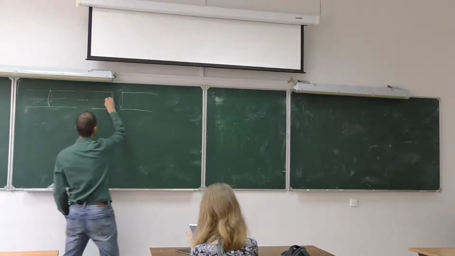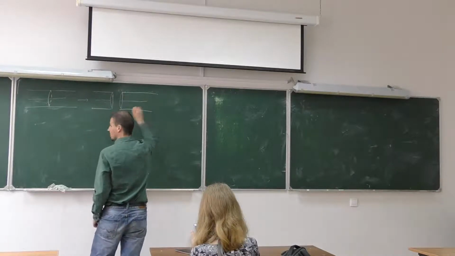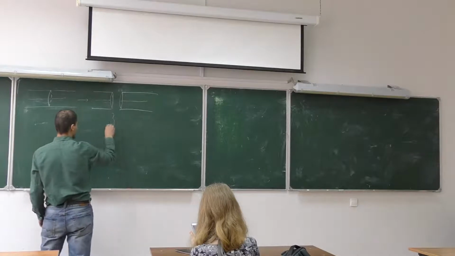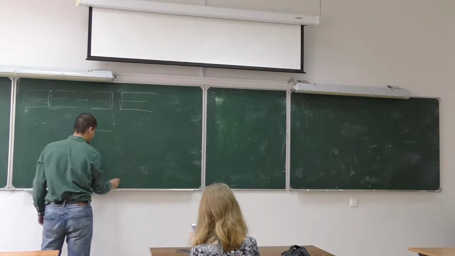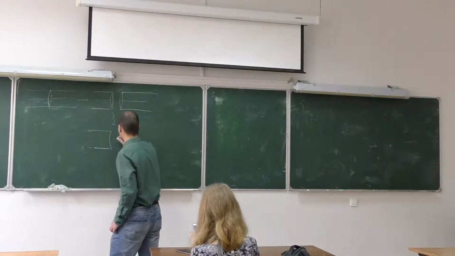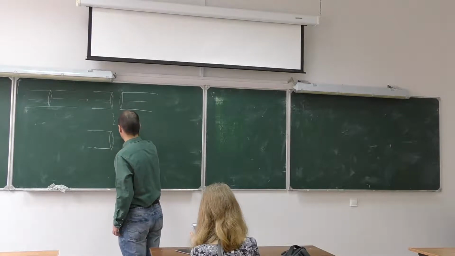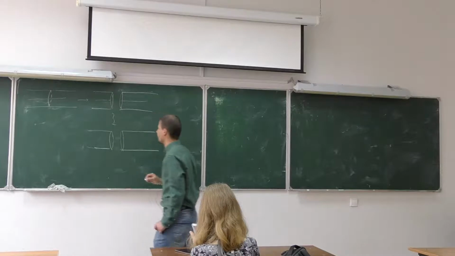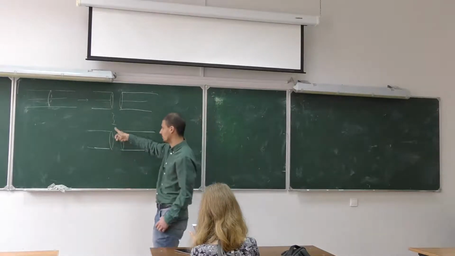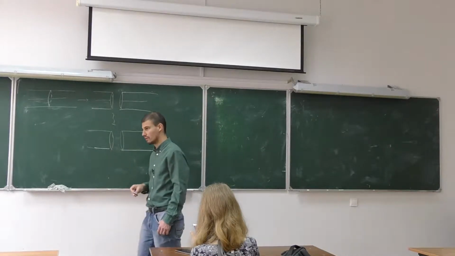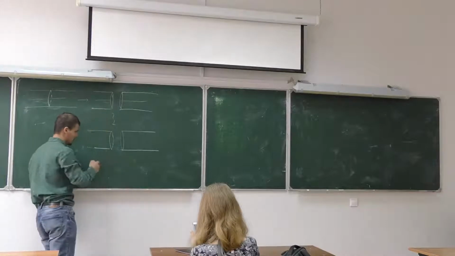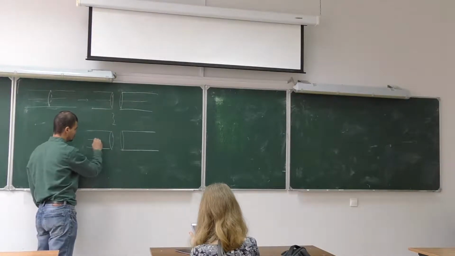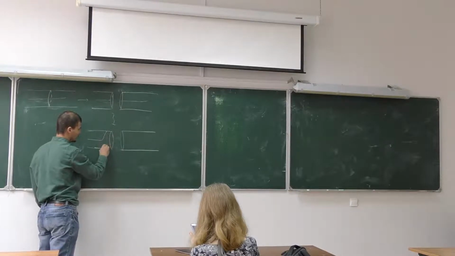Then if we have some test curve, then we rotate one of the boundary components by the whole rotation by 2 pi. So the test curve becomes like that.